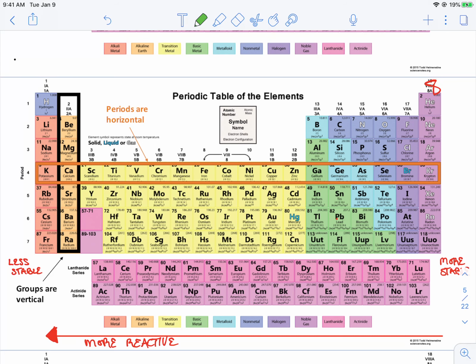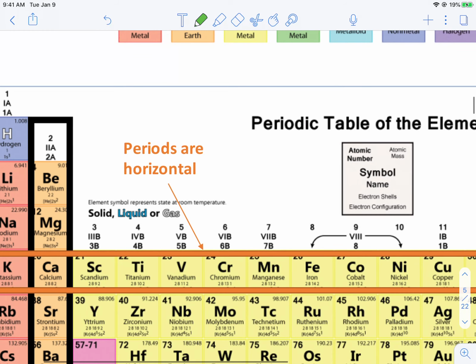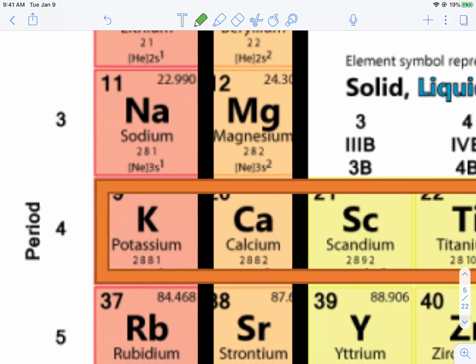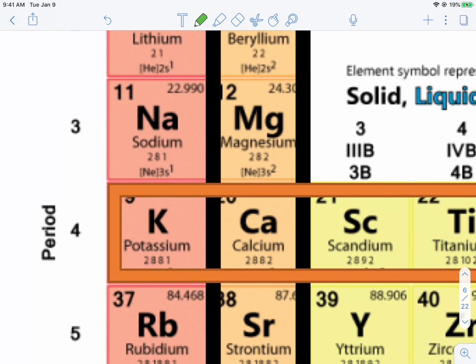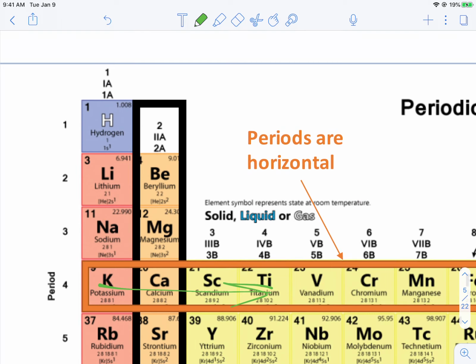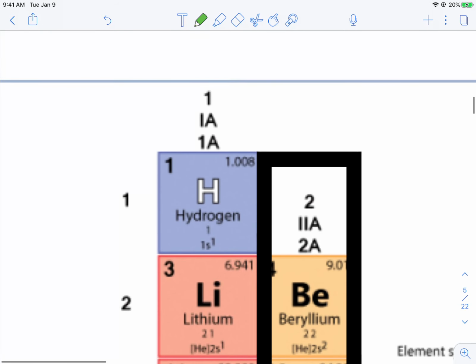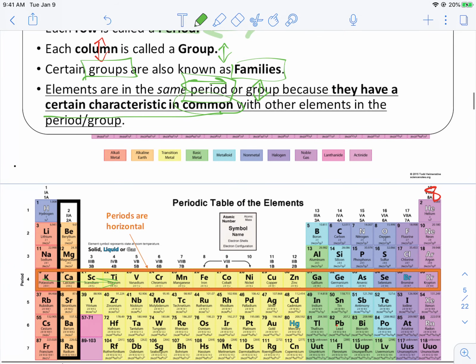This is just a review of what I just said, how the periods, which are horizontal, are highlighted. This example is the fourth period, meaning it goes that way. The fourth period has an orange highlight around it. And we know it's the fourth period because if I go up to hydrogen, this is the first top row of the periodic table.